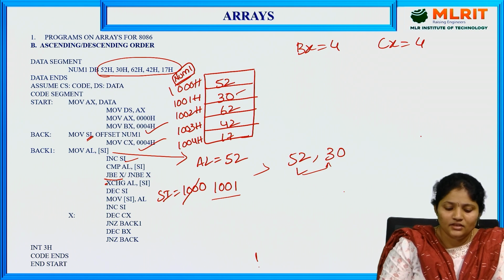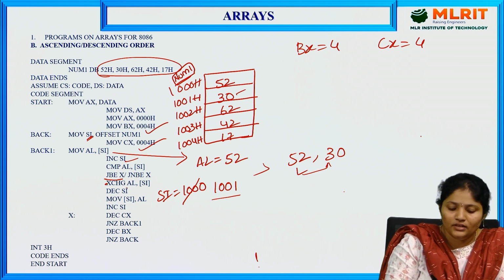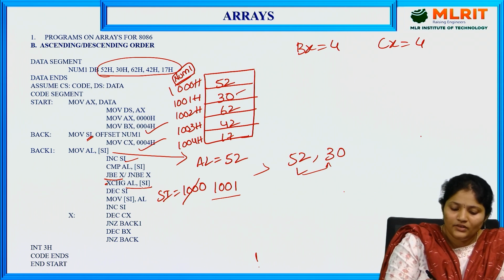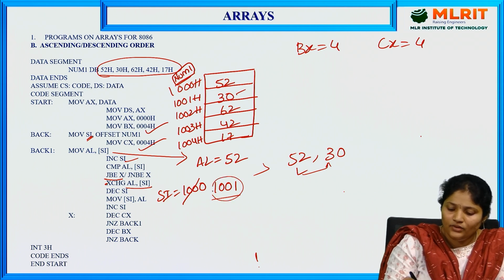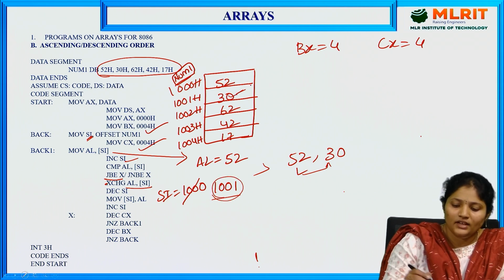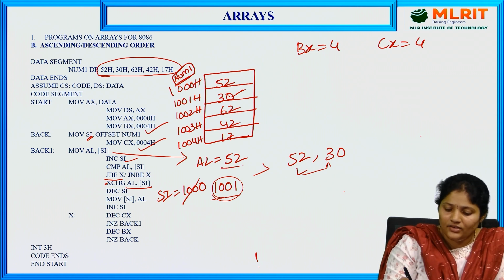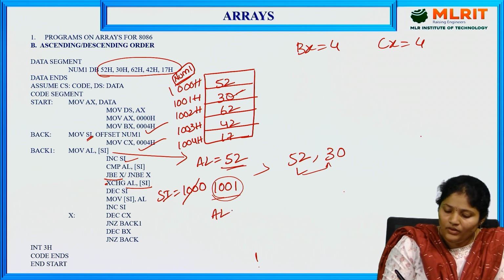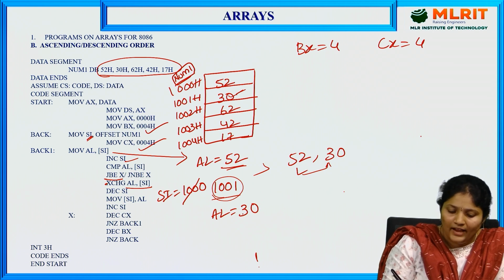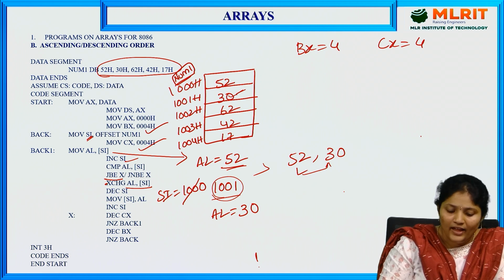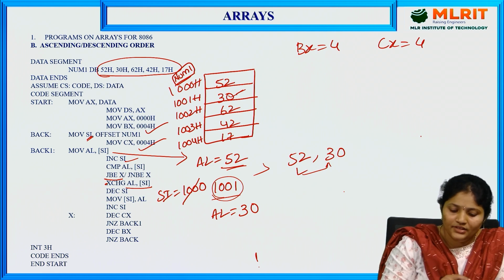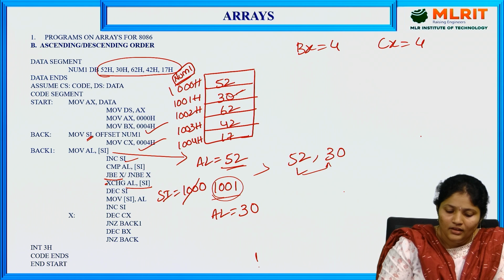What is the next instruction? XCHG, which is nothing but the exchange instruction. What is the value at SI? SI is 1001, holding 30. The 30 will be exchanged with the AL register, so now the AL register will have the value 30, and the value present in the AL register will be moved to the SI location.